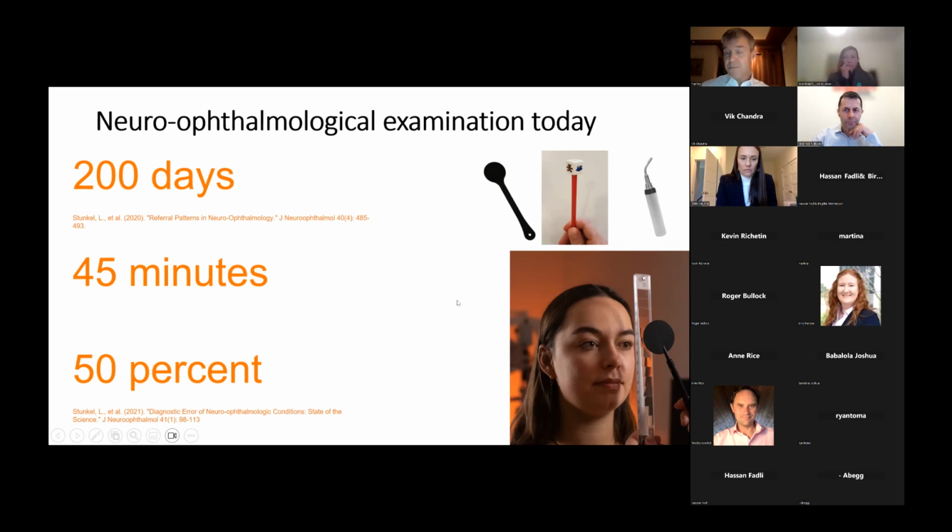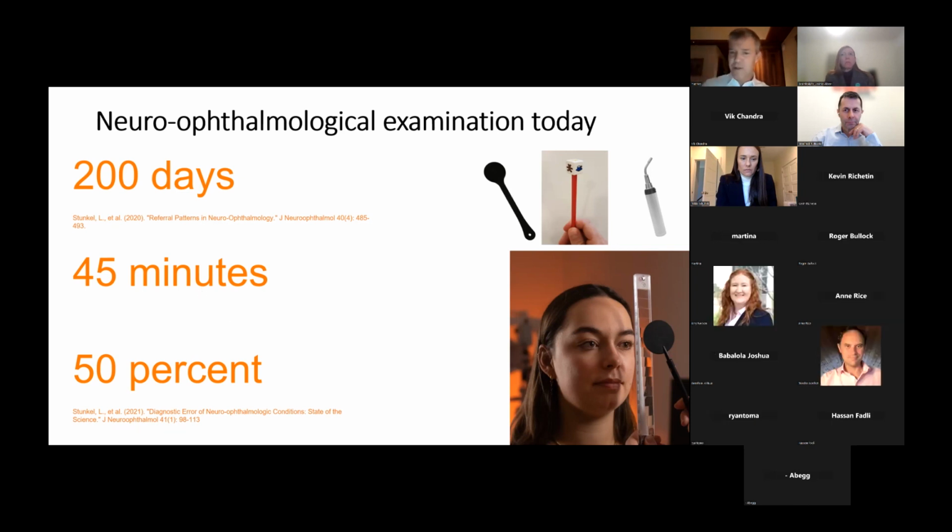Once you are at the neuro-ophthalmologist's office, the doctors or their associated medical technical assistants will spend a lot of time doing these examinations. One estimate is it takes about 45 minutes to examine all these cables I showed you initially.